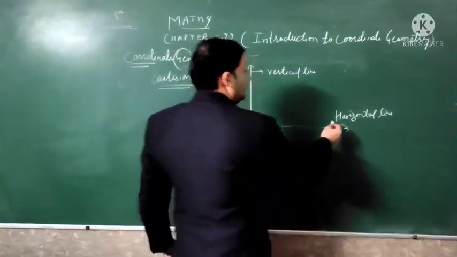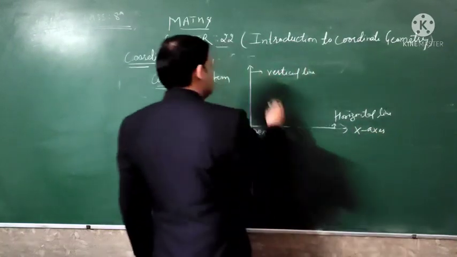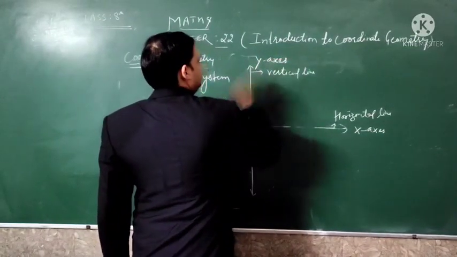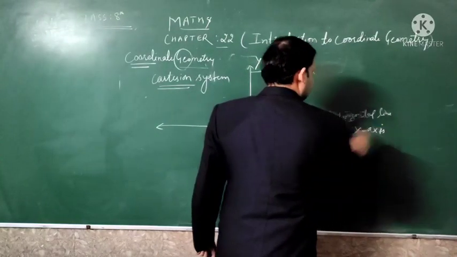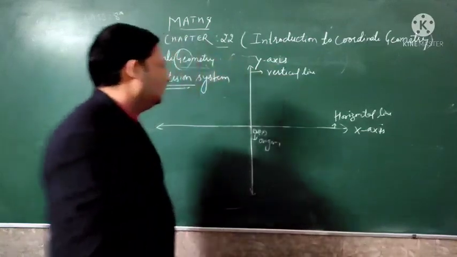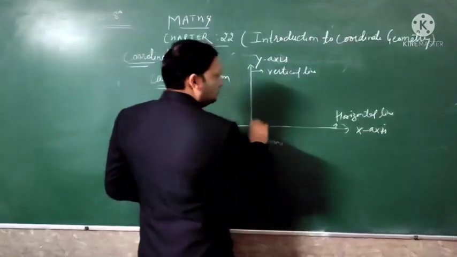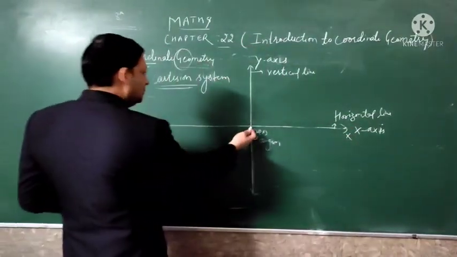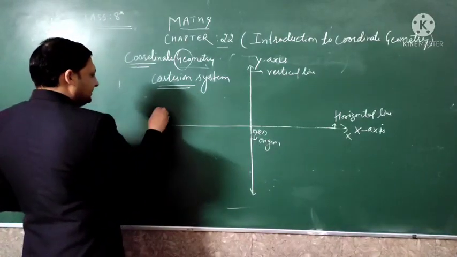Another name of the horizontal line is the x-axis, and the vertical line is the y-axis. In simple words, we can also name the right-hand side of the x-axis x, and the left-hand side of the x-axis x dash.